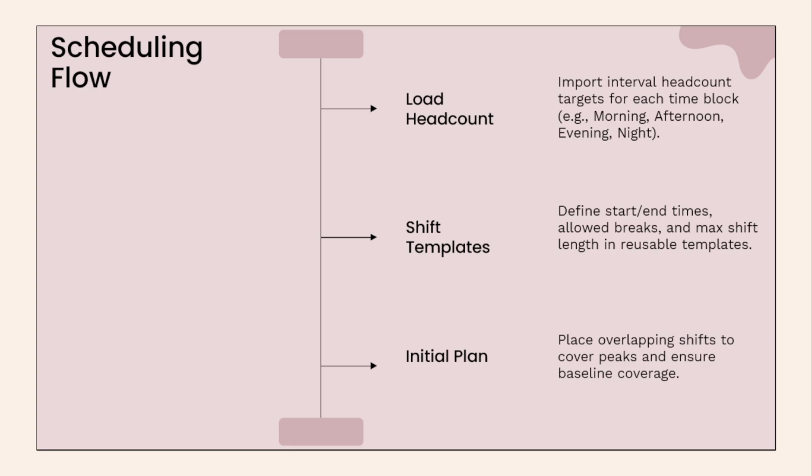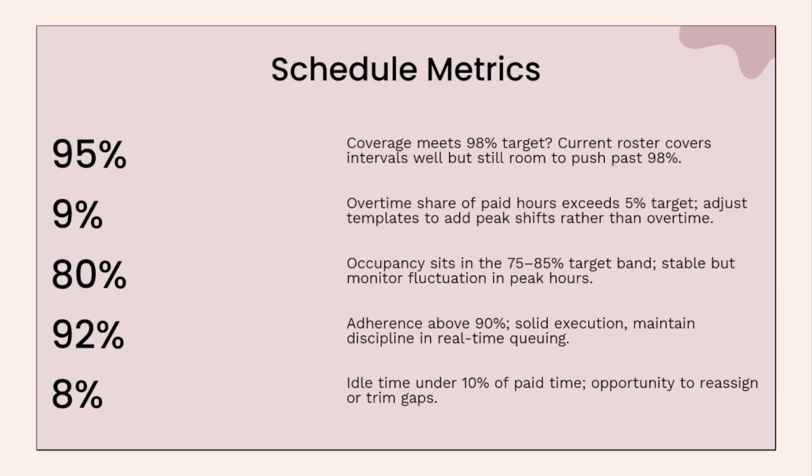Shift templates, we will create the shift template, meaning what will be the start of the shift, what will be the end. Suppose a person is logging in at 5:30, so what will be his logout? If a person is logging in at 6, so what will be his logout at 3? Okay, so we will define the shifts and their weights. That is called shift template. Initial planning, we will plan the shift, and we will plot the agents on them.